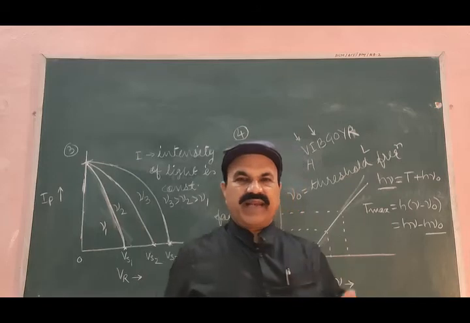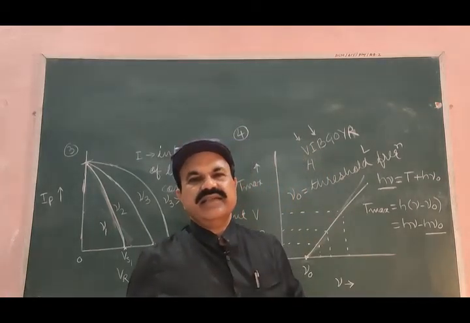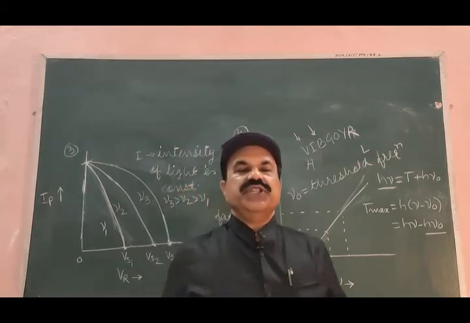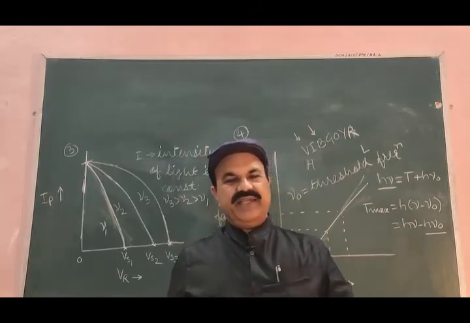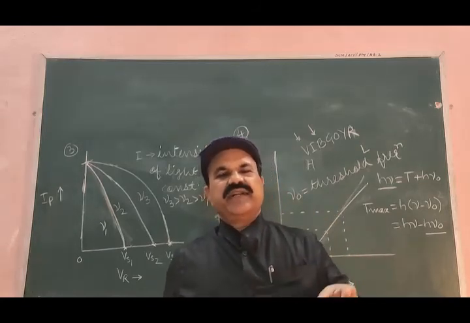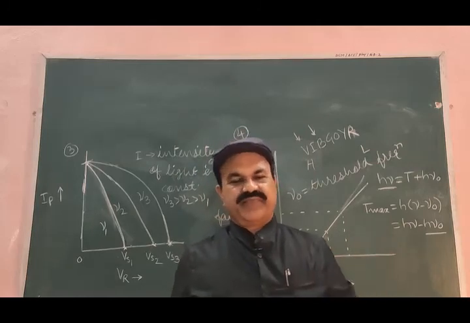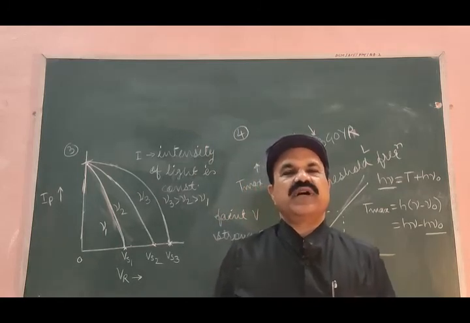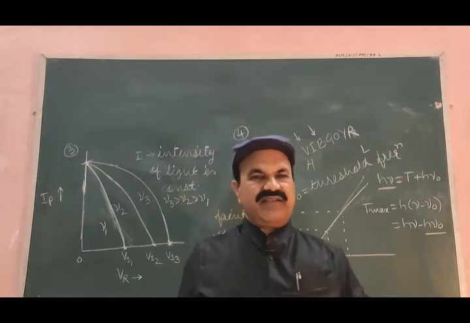the photoelectric effect takes place and the various parameters that can be found using it. You can find h, you can determine h, you can also determine the maximum velocity of electrons. In the second figure, we studied the relation between the photocurrent and intensity of light, keeping frequency constant.